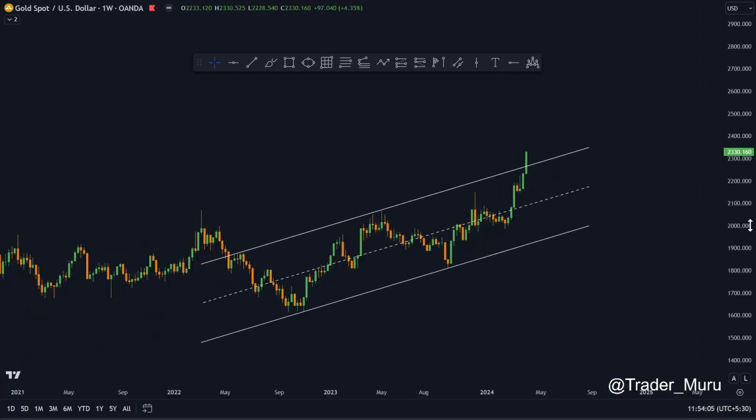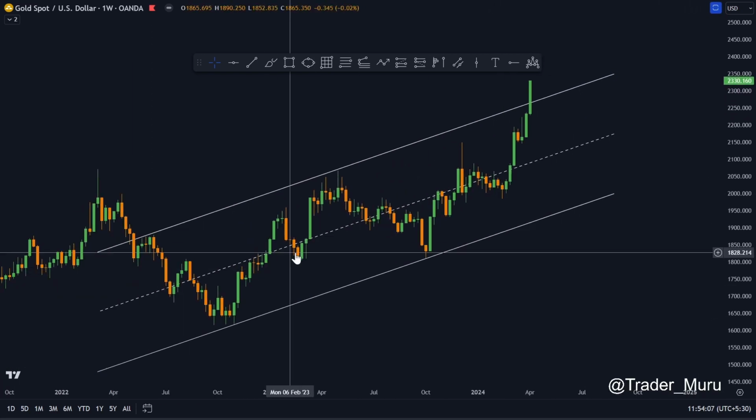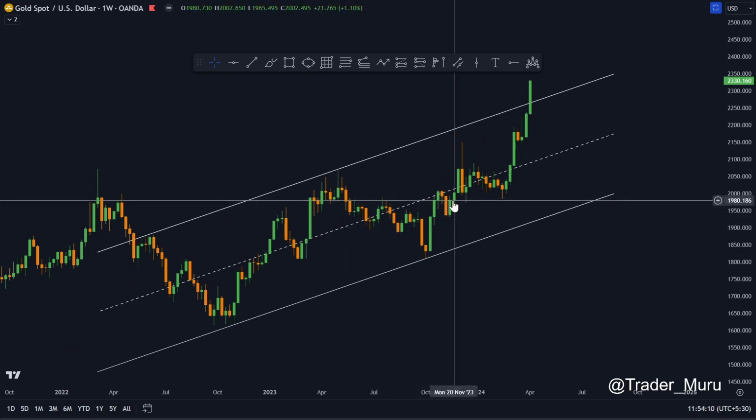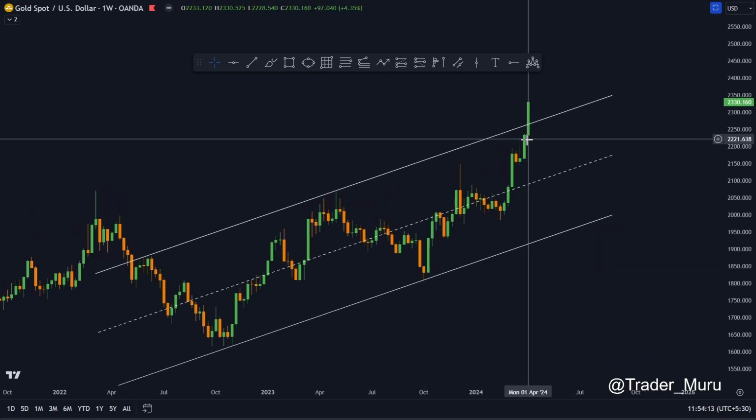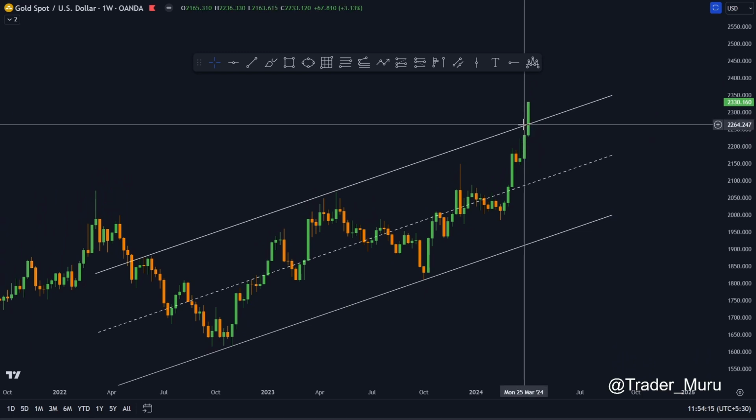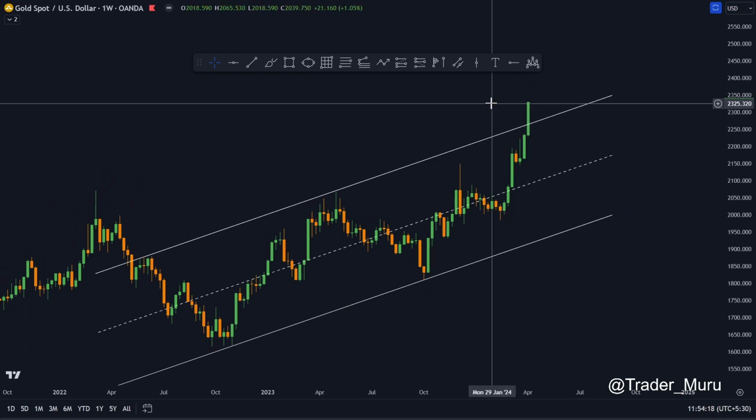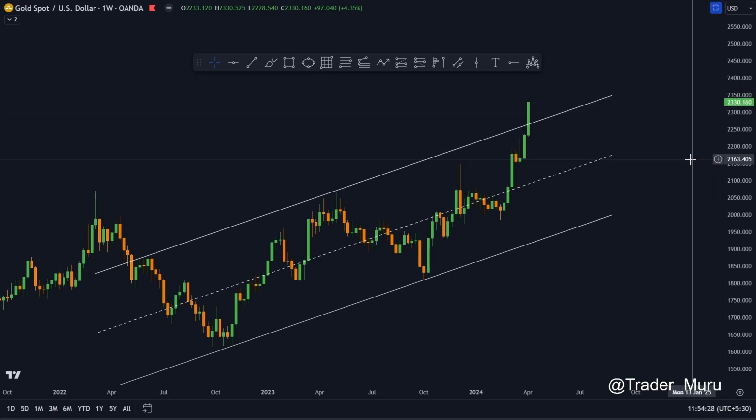In the weekly time frame, gold was running in this parallel channel for a long time, but last week it just broke out of it with a strong candle and closed above here at 2330. As you guys can see, I was hoping for 2314, but price just broke out of that level and closed at the 2330 level.